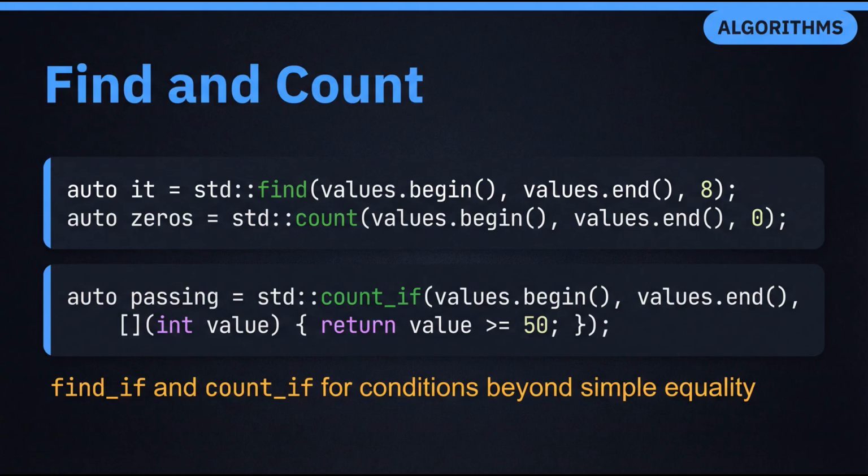In this example, we count how many values are 50 or above. The predicate is a lambda that takes an int and returns whether it's greater than or equal to 50. find_if and count_if are often the first algorithms you reach for when the condition isn't a simple value comparison.